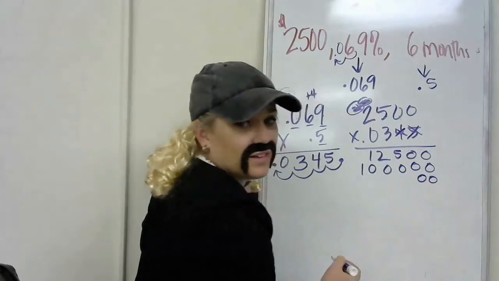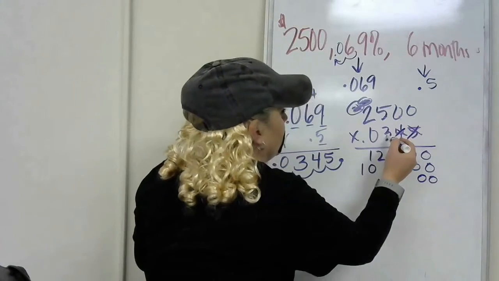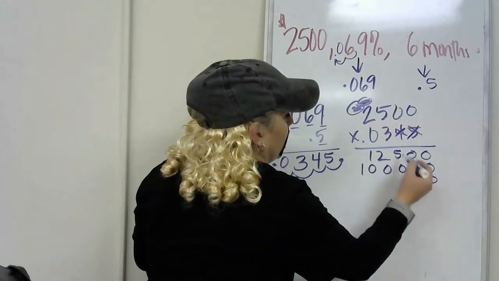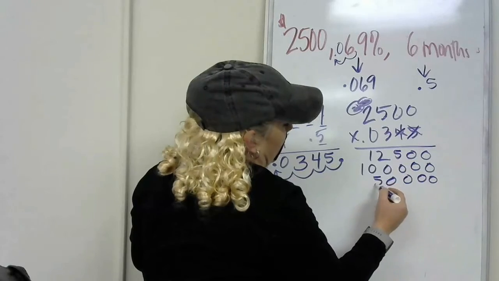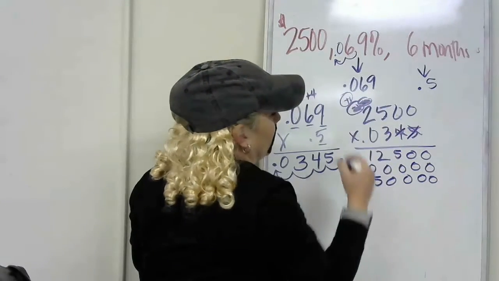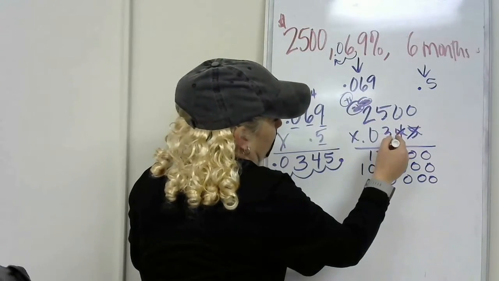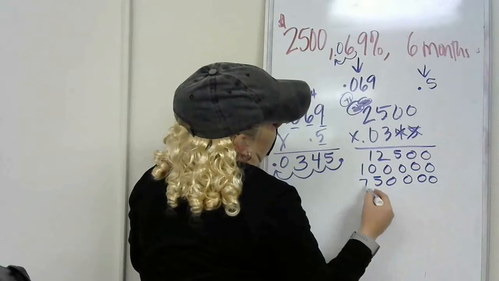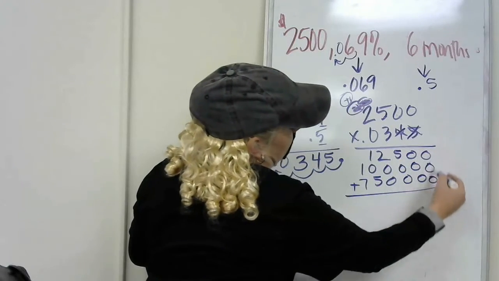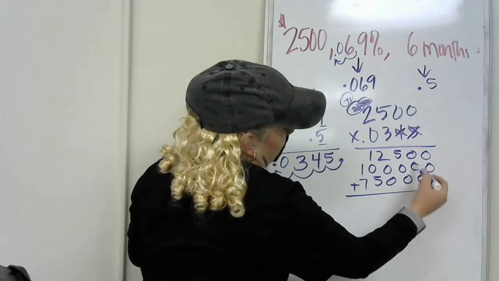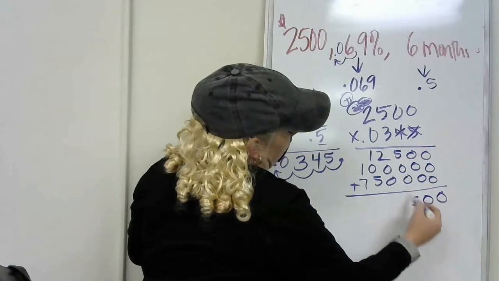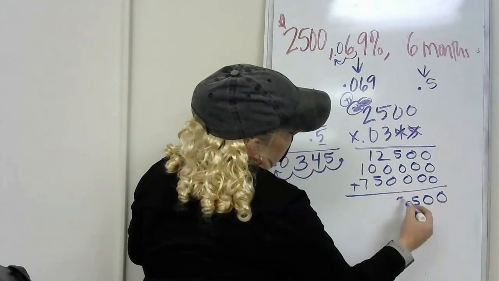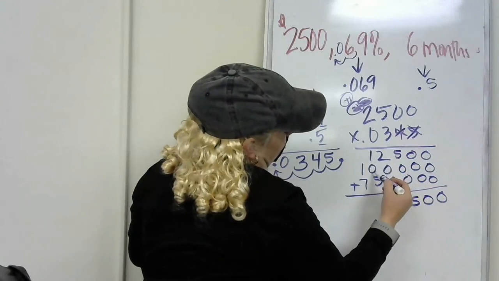Another 2 eggs. Okay, so 0 times 3 is 0. 3 times 0 is 0. 3 times 5 is 15. That 5 can stay, but we're going to have to take that 1 over there. And 2 times 3 is 6. And 6 plus 1 is 7. All right, now we're going to add this up. 0, 0, 0, 0. 0 plus 0 plus 0 is 0. 5 plus 0 plus 0 is 5. 2 plus 0 plus 0 is 2. 1 plus 0 is 1.